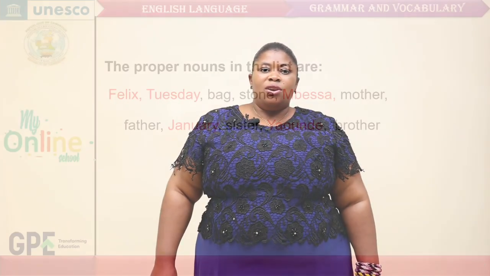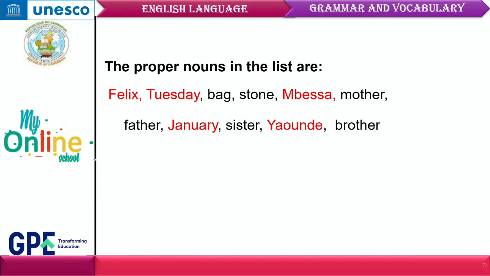Good. As smart as you are, let's check and compare our answers. Did you have this? The proper nouns in this list are Felix, the name of a person; Tuesday, the name of a day in the week; Mbesa is the name of a person; January is the name of the month of the year; and Yaoundé is the name of a town.